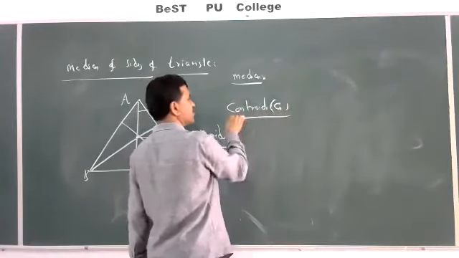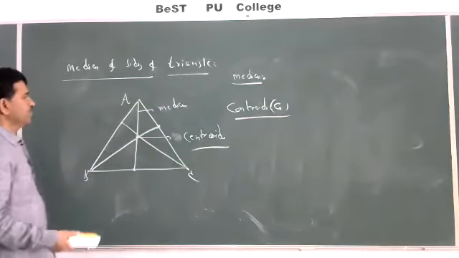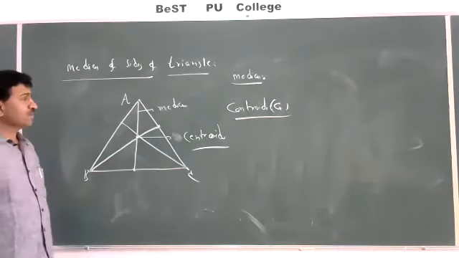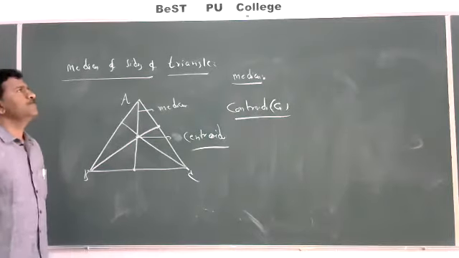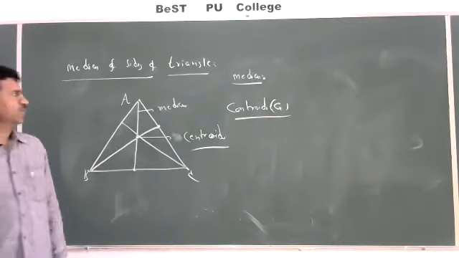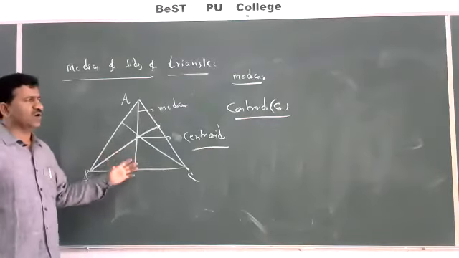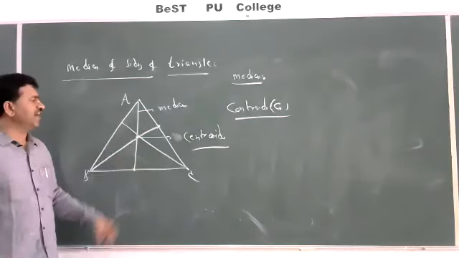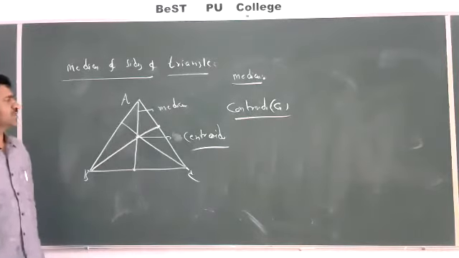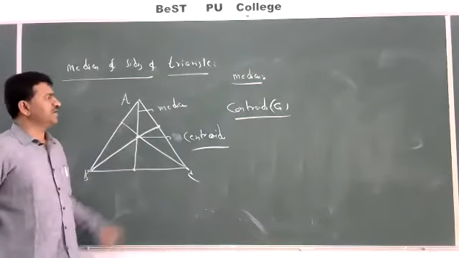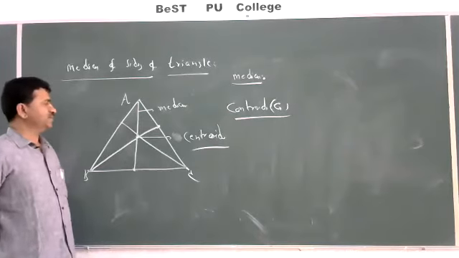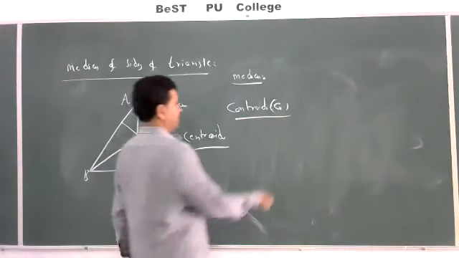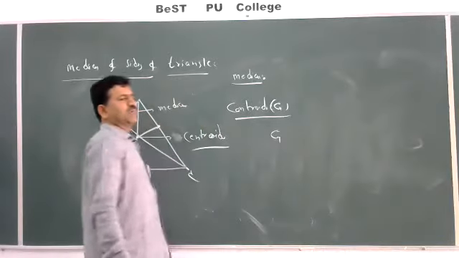It is denoted by G. The point of concurrency of medians of a triangle is called centroid. It is denoted by G.